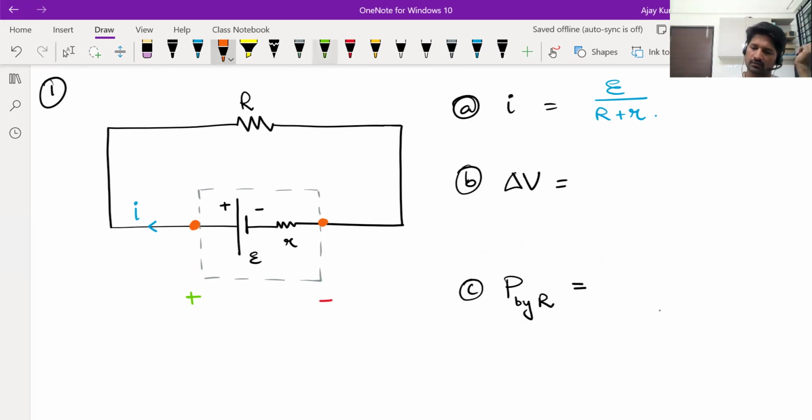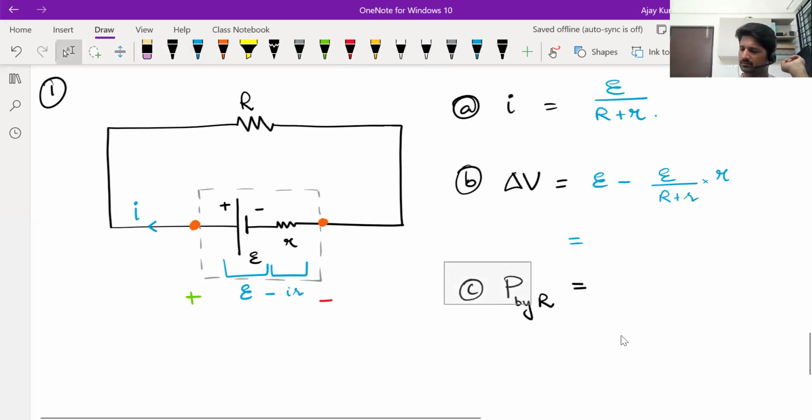So from here to here, it is E, but across the resistance, there is a potential difference Ir. And since current is flowing in the normal direction, it will be E minus Ir. So it becomes E minus I, which is E divided by R plus r, into small r.